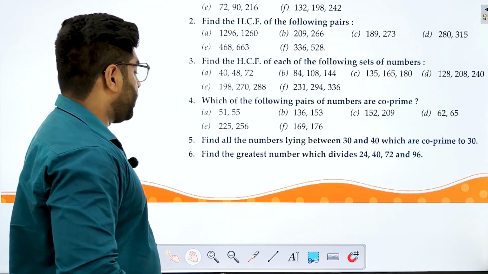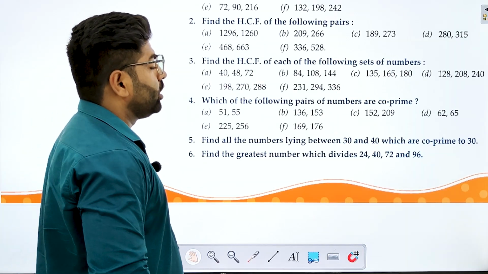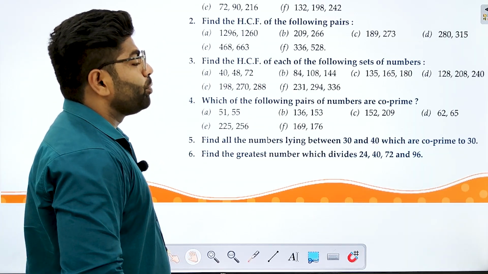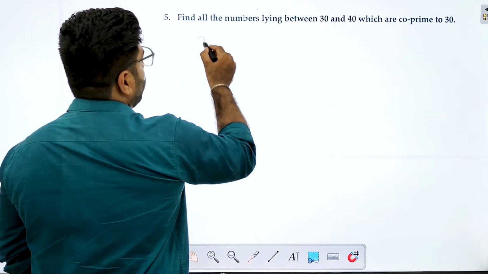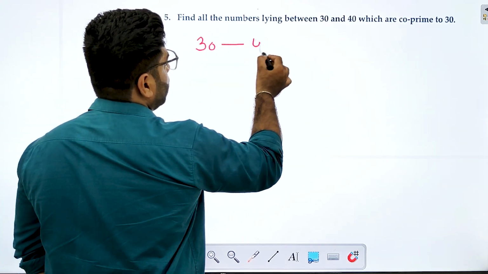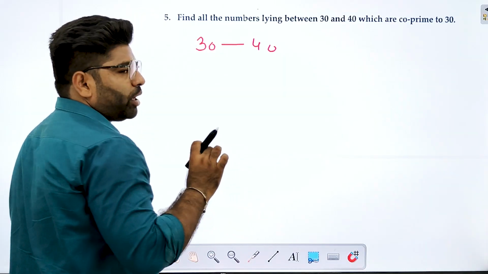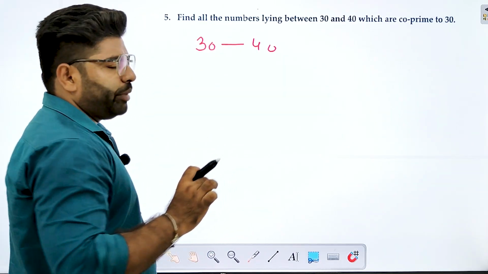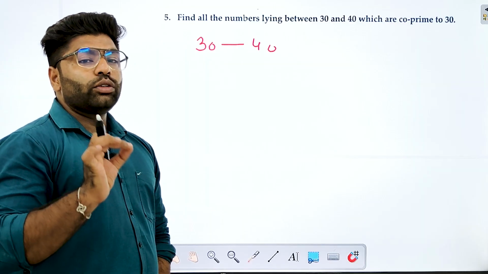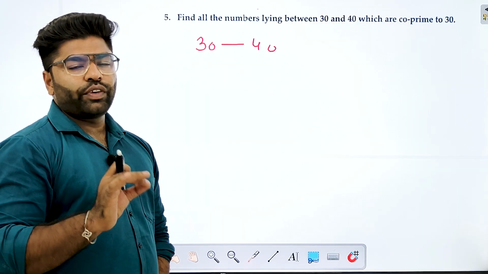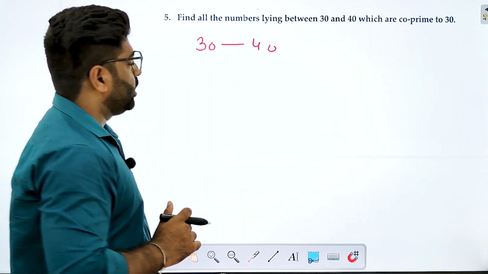Now come to our question number 5. Find all the numbers lying between 30 and 40 which are co-prime to 30. Okay students, so we are having a range of numbers that is 30 to 40. We have to find out the co-primes of 30. That means we have to find out those numbers which don't have any common factor other than 1 with 30.